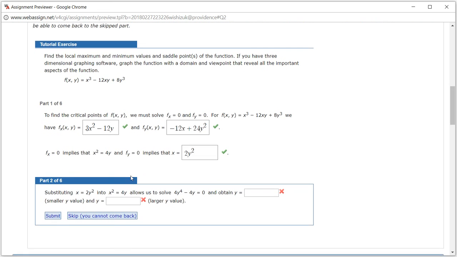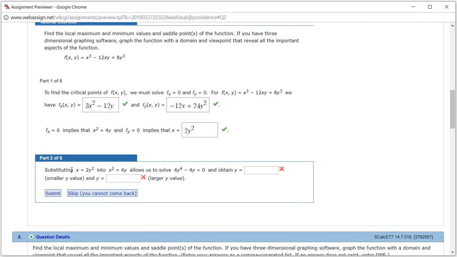Let's look at part 2. Substituting x equals 2y squared into x squared equals 4y, we're going to have 4y to the 4th, so we square that: 4y to the 4th power minus 4y. Put that on the other side of the equality. Then you can factor out 4y.